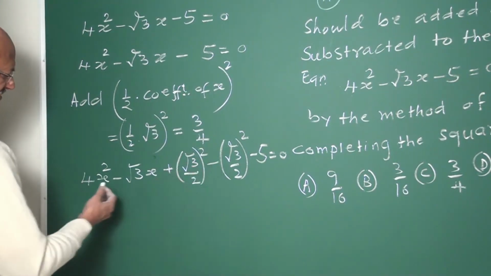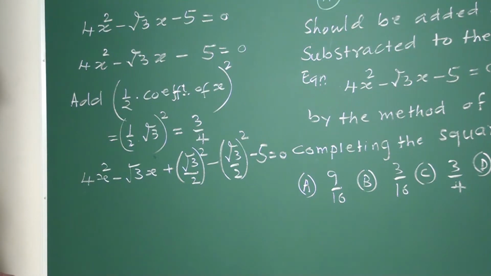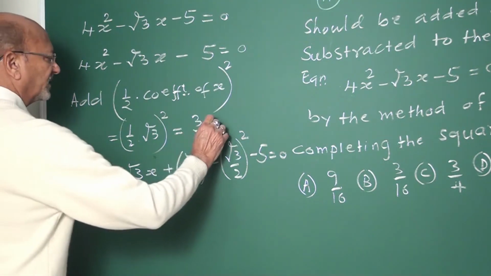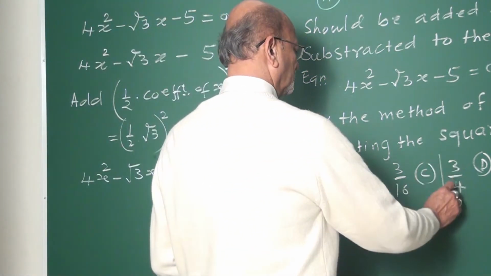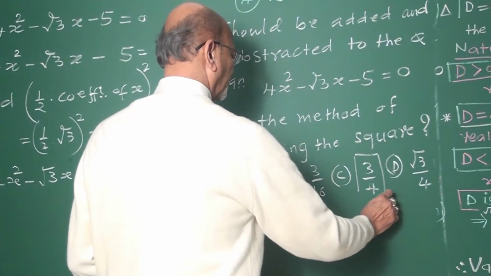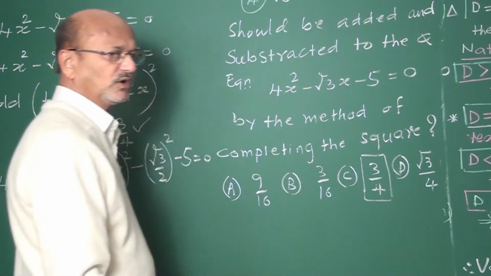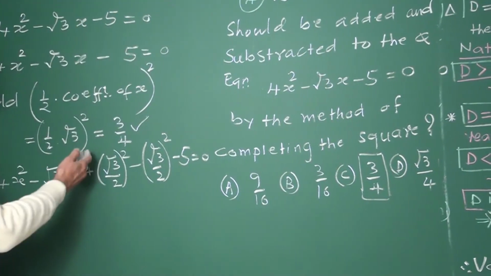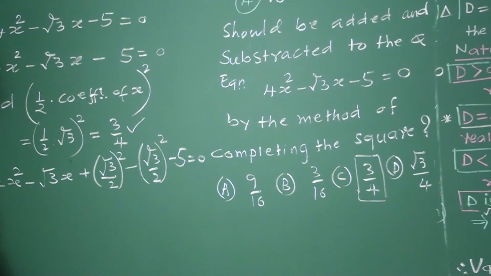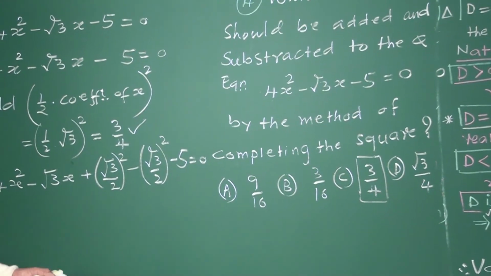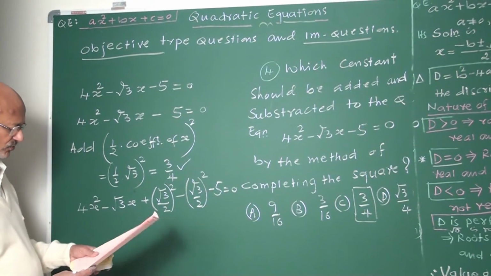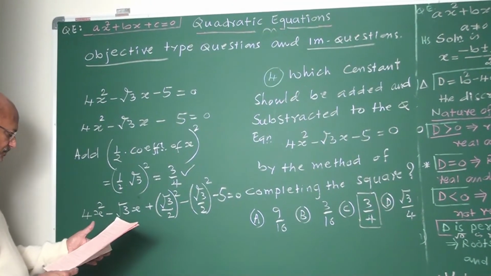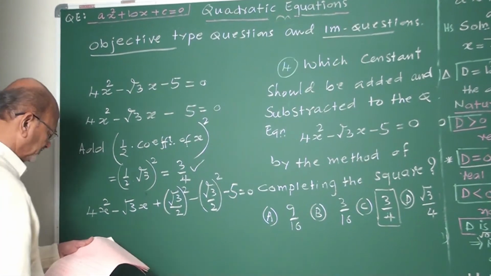Then the remaining steps are not necessary. We want the answer. What is the answer? 3 by 4. Then which option is the correct answer? Option 3 is the correct answer. We wanted only the option, we don't want the rest of the solution. Only that answer we wanted, which is 3 by 4, my friend. Next one.